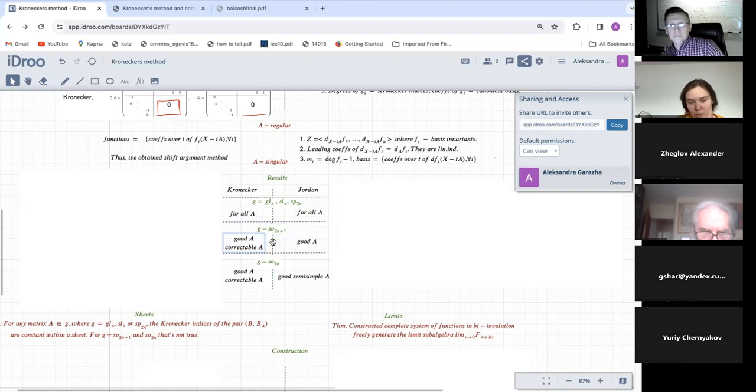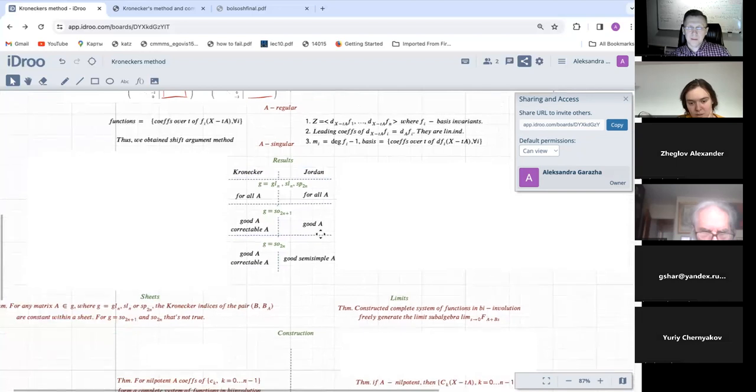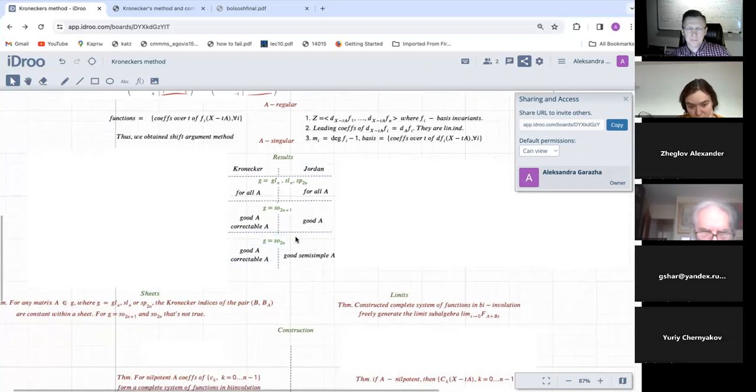And for good elements A, I could find even a Jordan part. And the most difficult case was type D. Here I also could find the Kronecker part for good and correctable elements, and completed to Jordan in the whole.